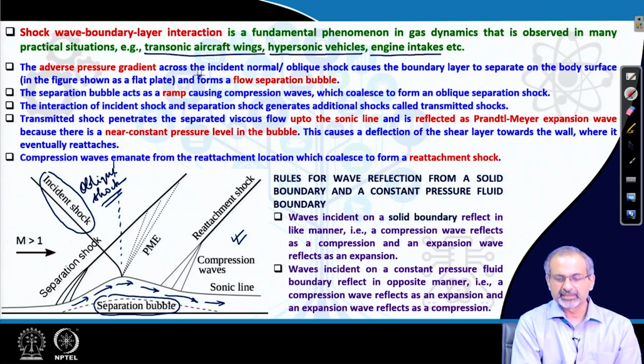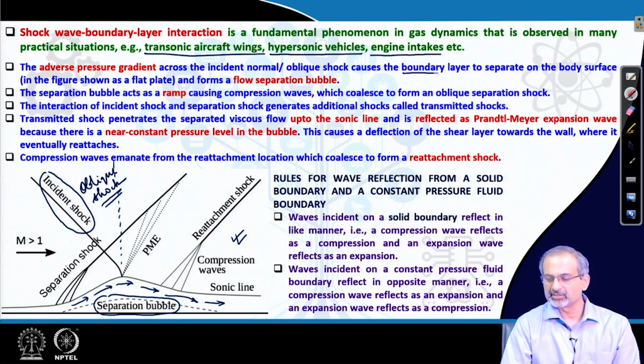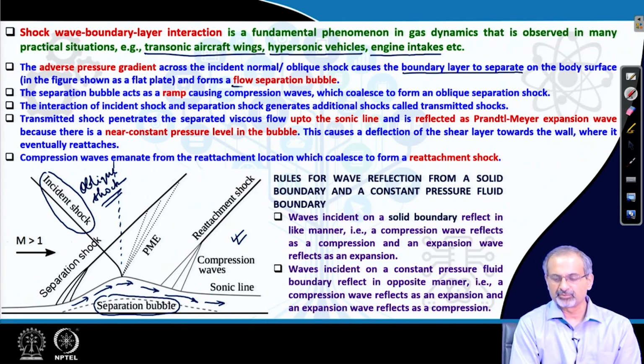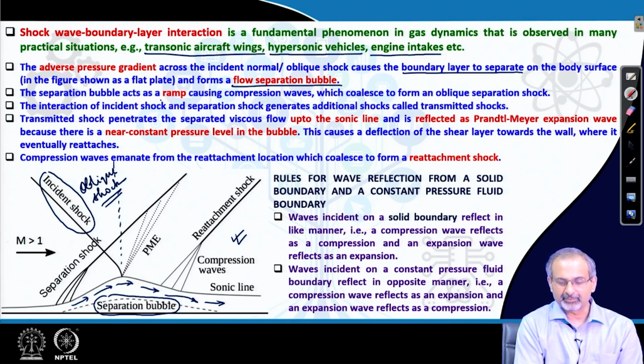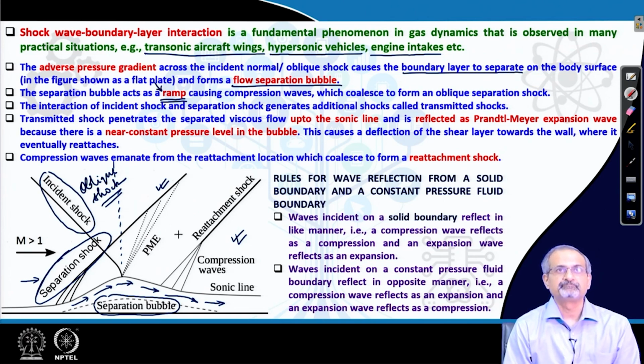So, the adverse pressure gradient causes the boundary layer to separate, and it produces a flow separation bubble. Now, the moment the flow separation is created, it has a ramp-like or compression action on the incoming supersonic flow, and therefore, there is a formation of an additional shock because of the turning of the flow. So, this is purely due to the ramp effect produced by the separation bubble.